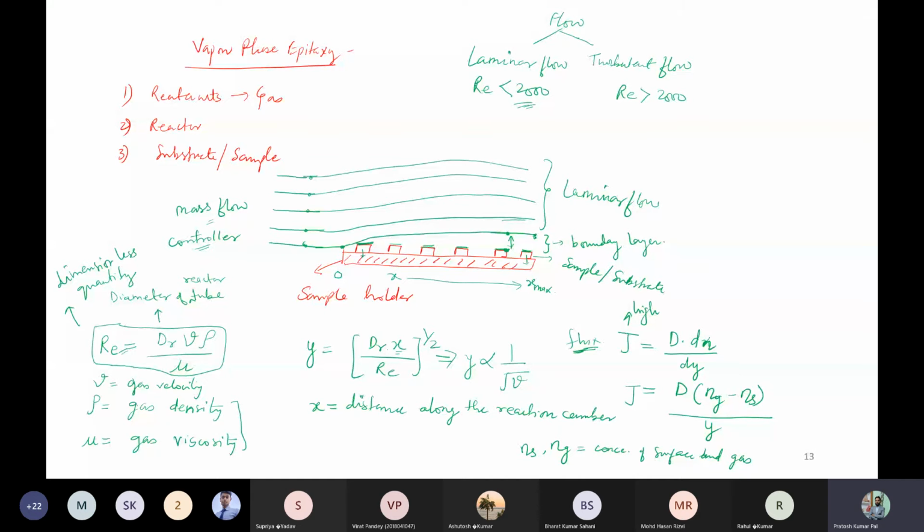That is the internal process. This is just an overview, a basic understanding of vapor phase epitaxy and the different reactions taking place internally, and we will see the next part.